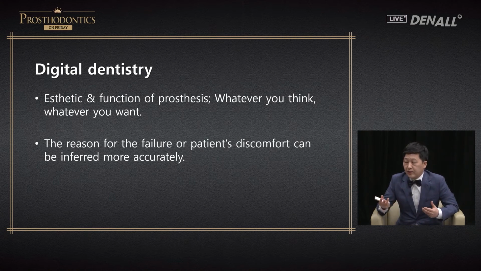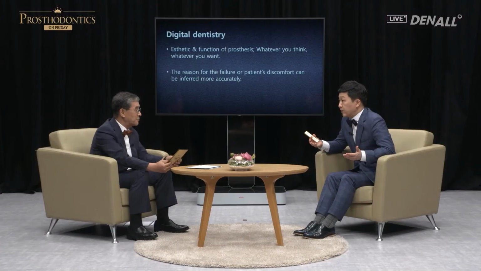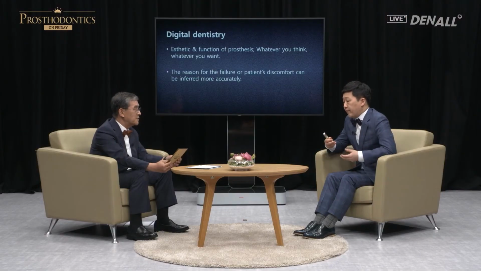In the past, if the patient complains about the prosthesis, sometimes you see dentists saying that this is as good as it gets. You try to convince the patient that it is a satisfactory result. However, I realized that there's quite a good rationale behind such discomfort and complaint. In the analog days, we do not directly design the prosthesis and do wax up, so we cannot do it accurately. But if you actually do it directly, you can understand them more deeply.